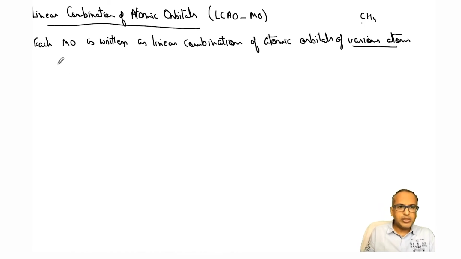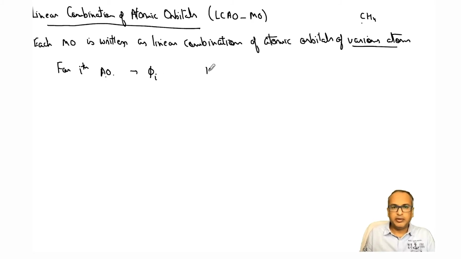So for the ith atomic orbital, we can write phi i, and the kth molecular orbital can be written as psi k. This is the nomenclature we'll be using.